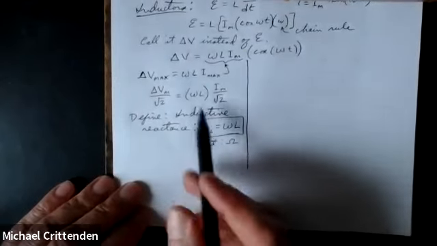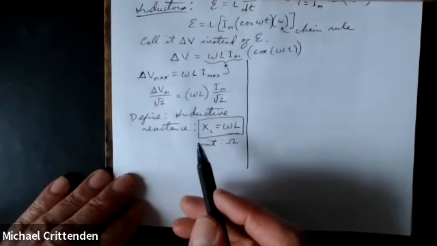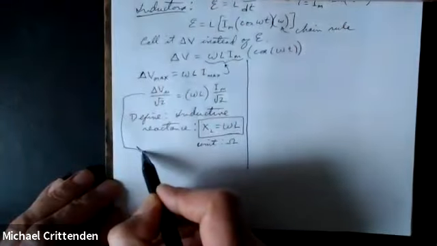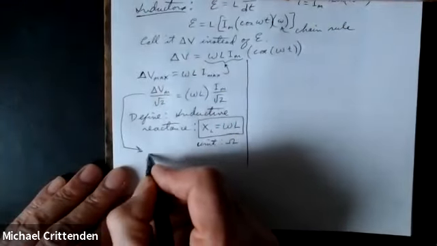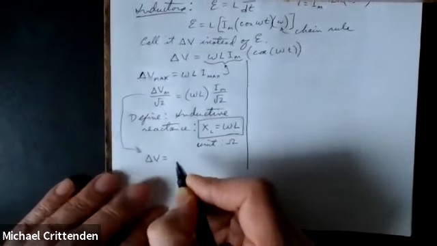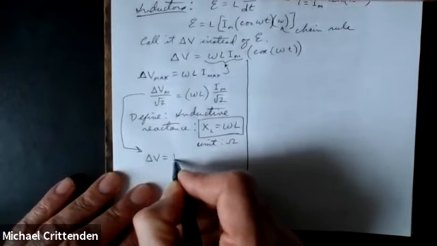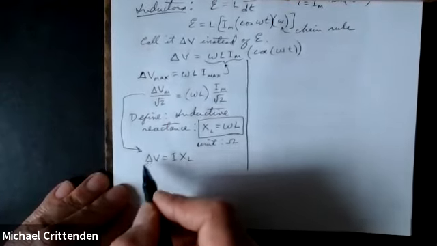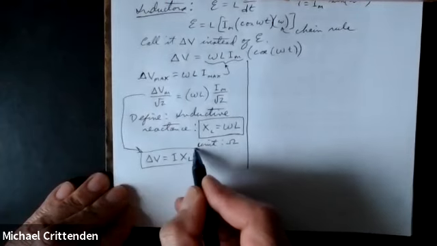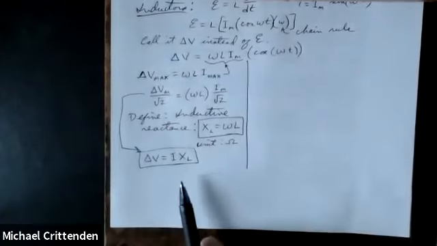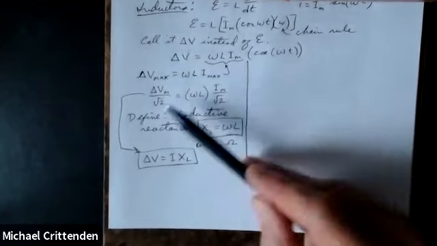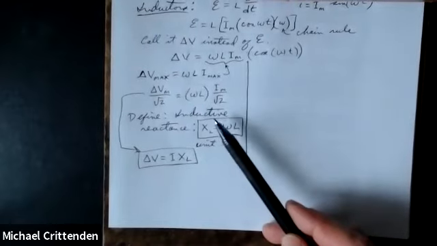And so substituting that in there, I've got delta V equals I times XL, just like V equals I times R if it was a resistor. Now, with the square roots underneath, I was talking about RMS, the effective voltage and current.